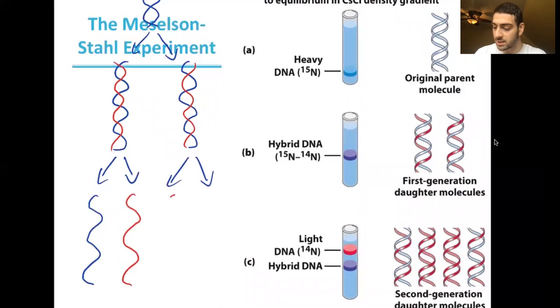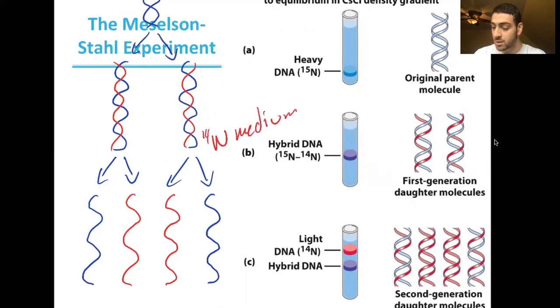Here, one of them is the light, and then one of them is the heavy N15 parent strand. And now we know we're in N14 medium. So all of the daughter strands are going to be lighter. They're all going to be N14. So here, the daughter strand is going to be N14.